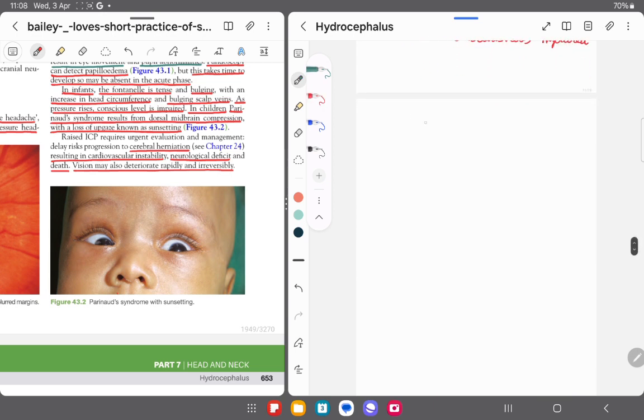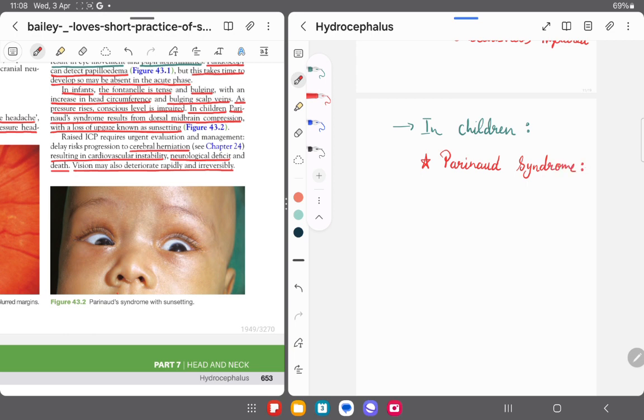Now in children, we see Parinaud syndrome.